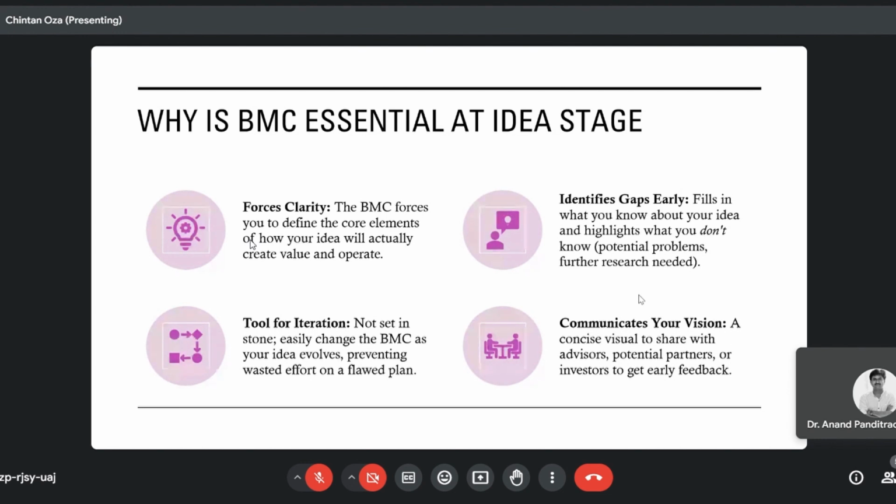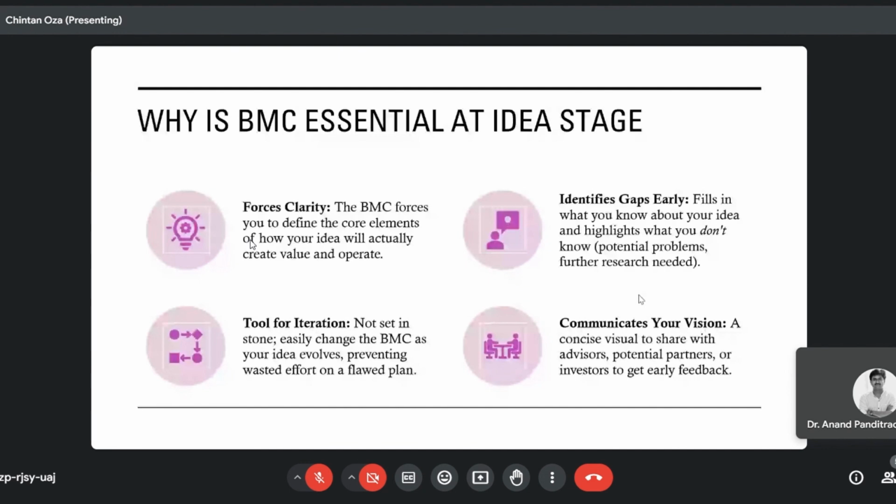First benefit is it forces clarity. It brings clarity in what you want to define, the core elements of your idea, and how your idea will create value and operate.